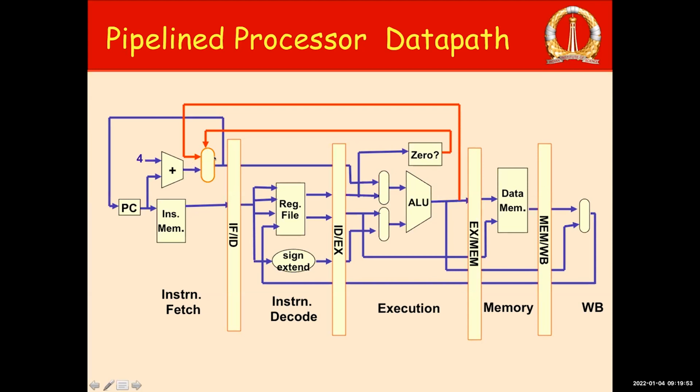Therefore, this part of the data path has been moved a little bit earlier over here, so that as soon as PC plus 4 is calculated, that value goes back through this multiplexer to the program counter. There is a little bit of complication here because of the conditional branch instructions, which we will discuss a little bit later.